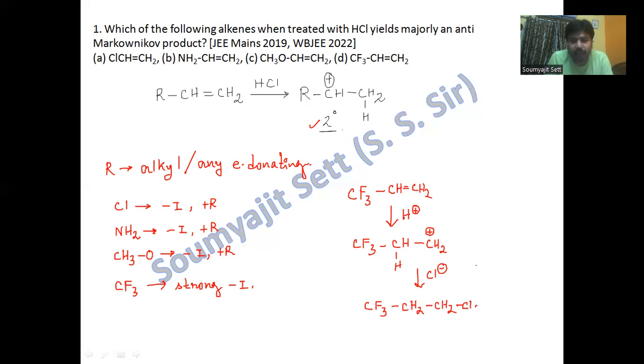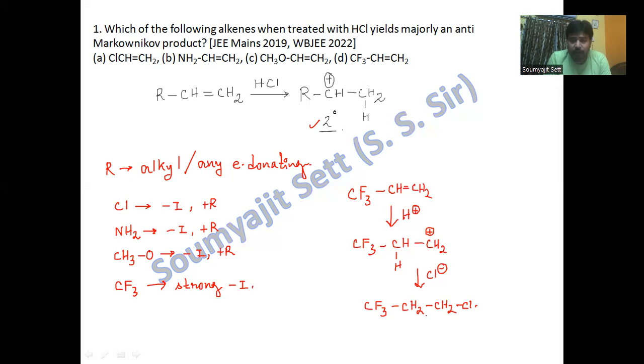So this is nothing but the anti-Markovnikov product, because according to the Markovnikov rule, the negative part of the reagent should be added to that double bond containing carbon where the minimum amount of hydrogens are present. That is the Markovnikov rule.